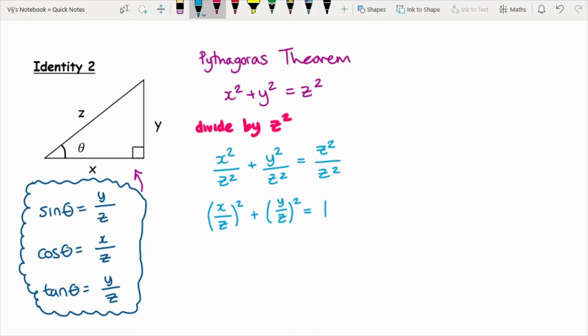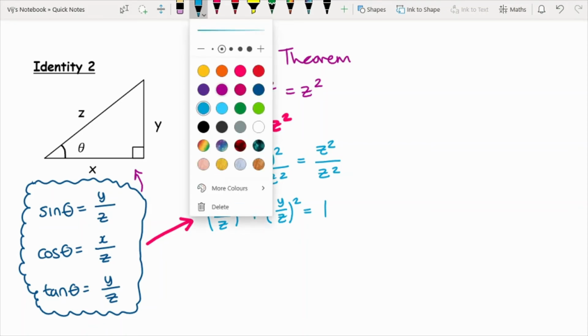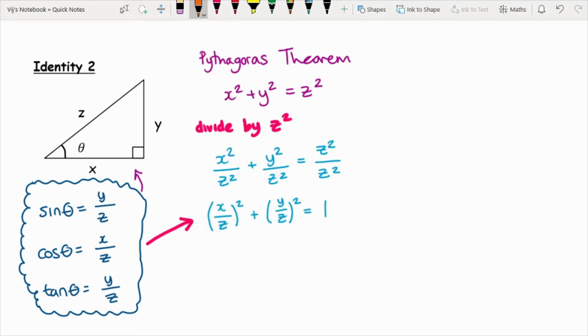Now if I incorporate what these all mean, x over z is cos, so I can write that as cos squared, plus, and y over z, looking at my trig ratios, is sine, so sine squared, equals 1.